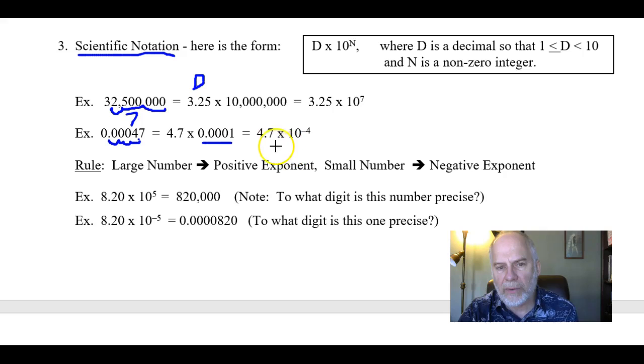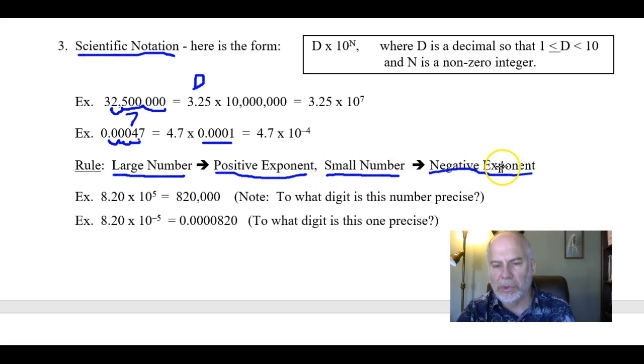But another way to do this is just remember, if you have a small number, then you should have a negative exponent. We started with a small number in that example, so we're going to have a negative exponent. If you start with a large number, as in the first example, you're going to have a positive exponent.